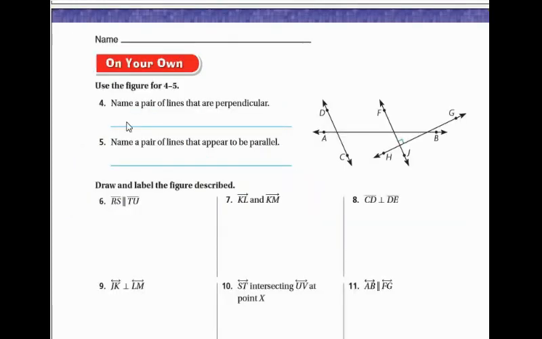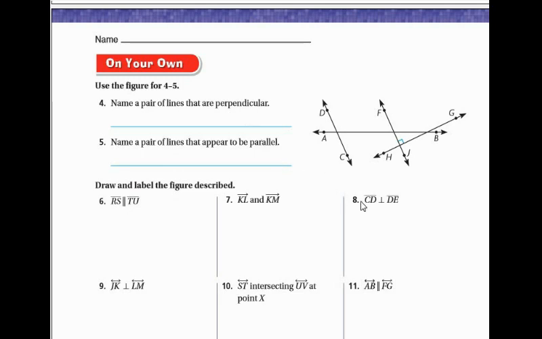Okay, this is page 563. It's on your own. So I'll give you some hints to solve it, and take a picture and send it to me on the WhatsApp group, please. So here in this figure we have: name a pair of lines that are perpendicular. Perpendicular lines are two lines intersecting each other, forming right angles, four right angles.